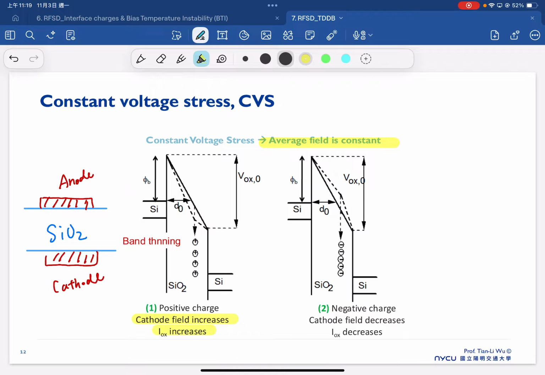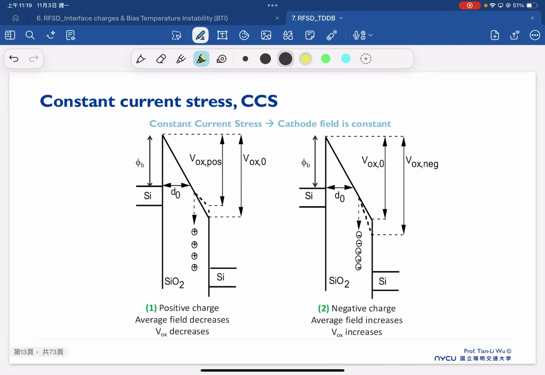But in the second phase, we start to see negative charge being injected inside the dielectric, and therefore we see the current decrease here. And the constant current stress is the same, you can try to understand it like the previous slide.